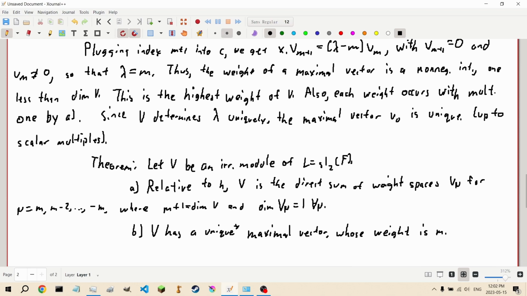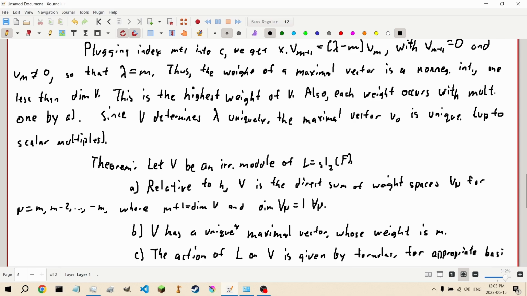The action of L on V is given by the formulas we had there, the three we created, for an appropriate basis, which is just the basis generated by the maximal vector in the way that we saw before.